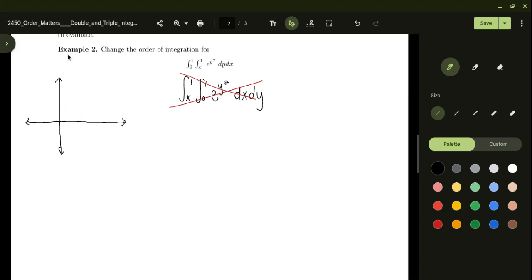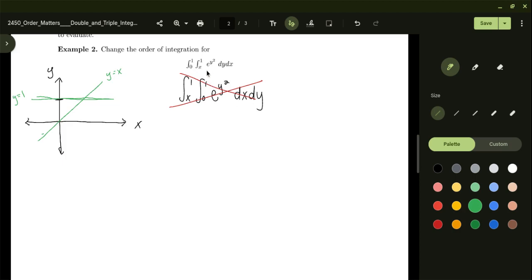So on the y-axis, y equals 1 is about here. So I'm just going to draw a line there. It's not a great line, but this is when y equals 1. And then, like I said, it could be as low as y equals x. So here's y equals x.